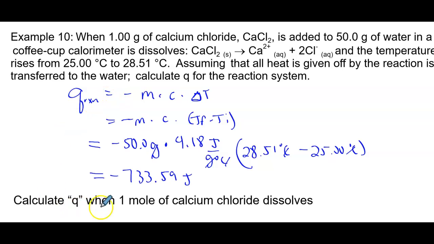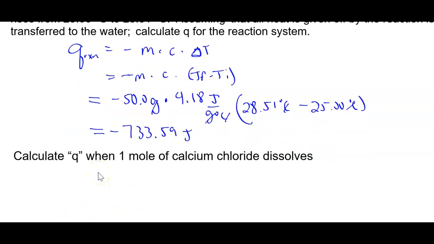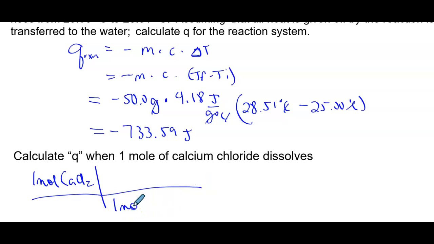So here's how we do this piece when I ask about a mole, because a mole is not the same thing as a gram. They're different quantities, right? So we're going to have to do a little bit of stoichiometry, kind of, not really stoichiometry, but relating what is going on in the equation to this. So we're going to start with what we're given, 1 mole of calcium chloride. And what are we trying to get to?